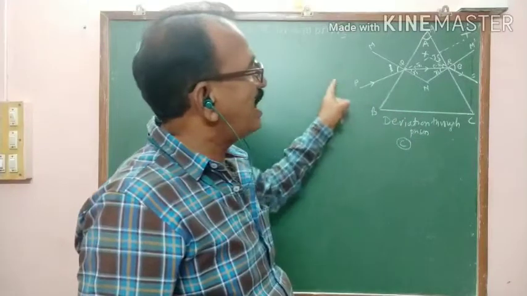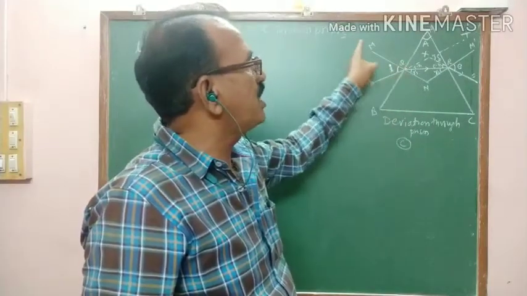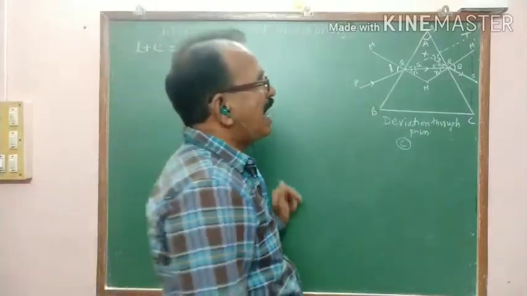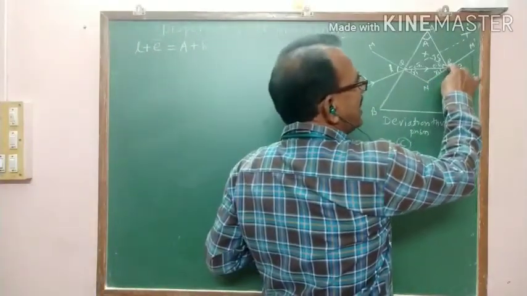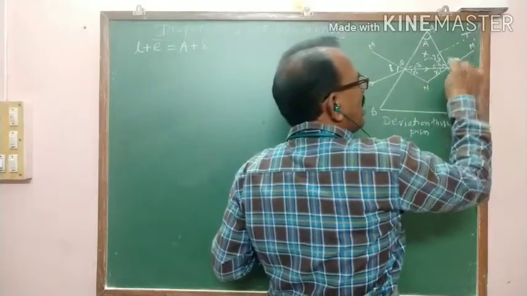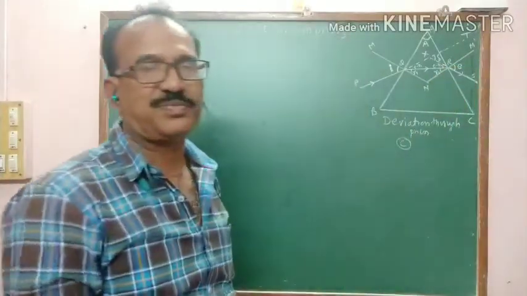So the angle made by the incident ray PQ with the normal MN is called the angle of incidence, and the angle made by the emergent ray RS with the normal M dash N is called the angle of emergence.